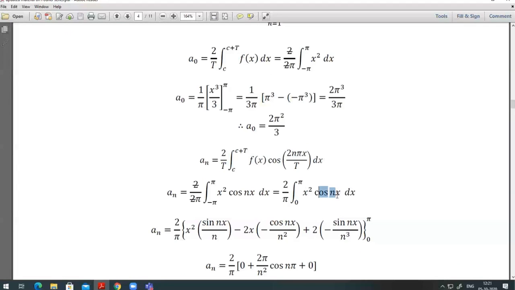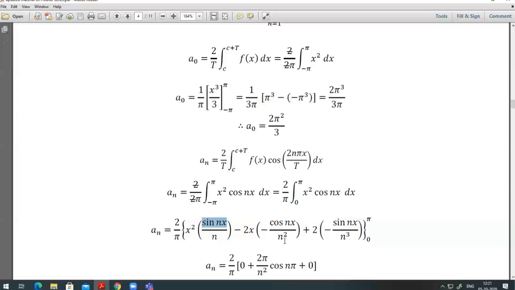We have already n, so n into n square, plus derivative of 2x is 2 and integration of minus cos nx by n square is minus sin nx by n cube, and the limits from 0 to pi.